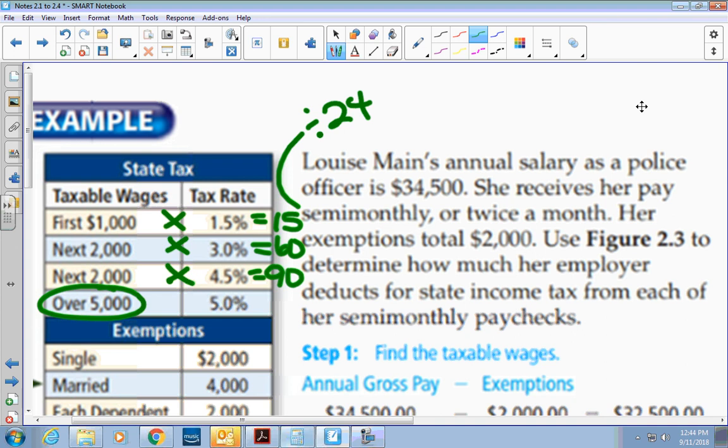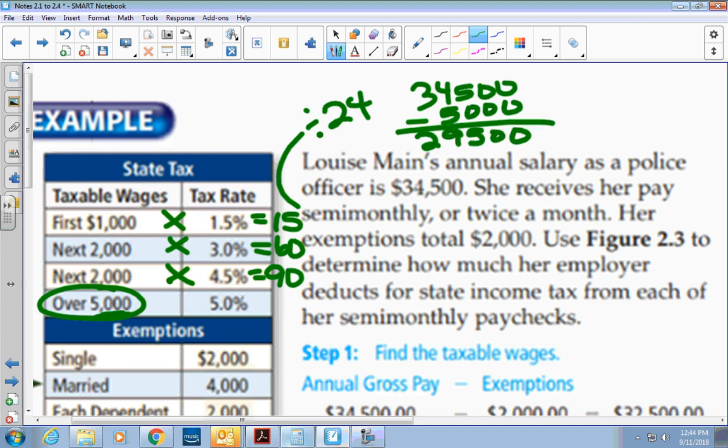So we are going to minus 34,500 minus the 5,000. That's 29,500. Then we're going to take that amount, 29,500, times it by the percent.